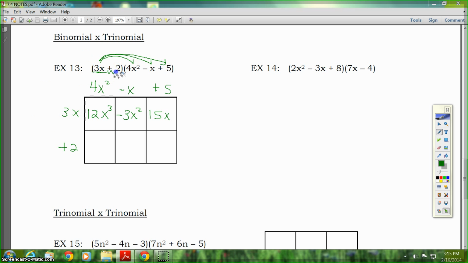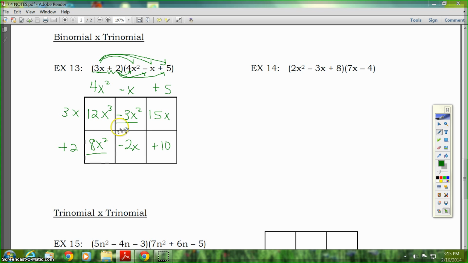And now I'm going to take that positive 2 and distribute all the way across as well, and that's going to be shown when I multiply the bottom row. So 4x squared times 2 is going to give me 8x squared. 2 times negative x is going to give me negative 2x. And 2 times 5 is going to give me a positive 10. And again, from here, I'm going to combine like terms.